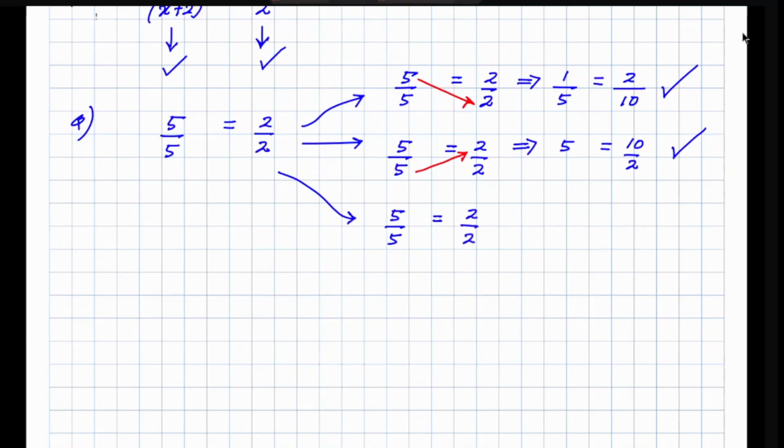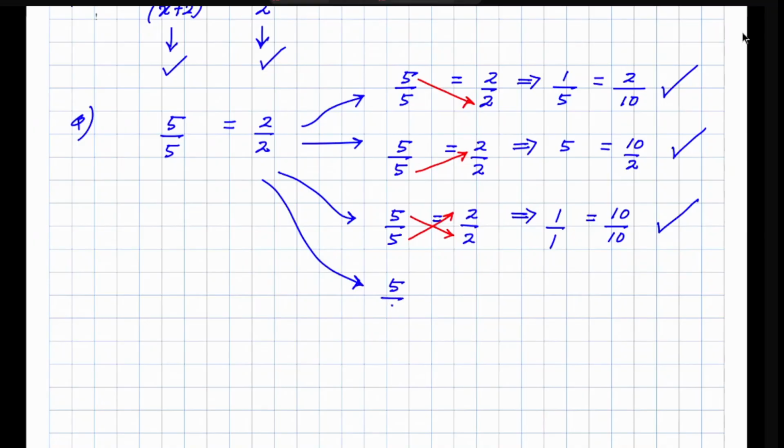You can put this guy over here and this guy over there. Then you get 1 in the numerator and 1 in the denominator, so you get 10 and 10. Still correct. Right? So you can have many more variations.